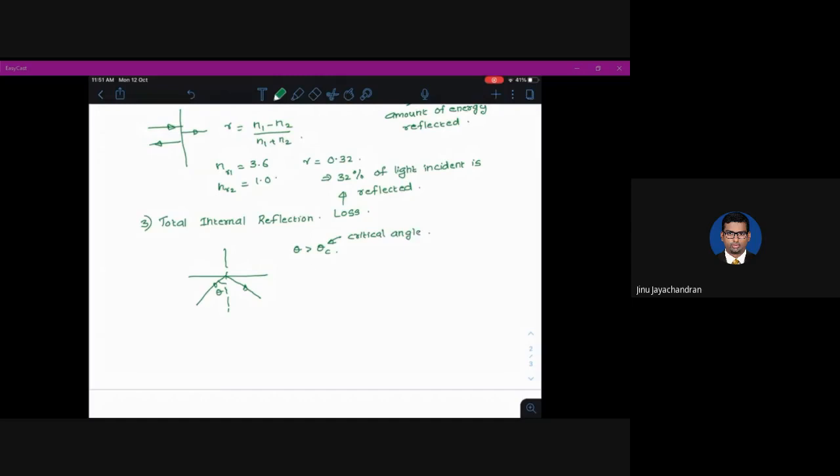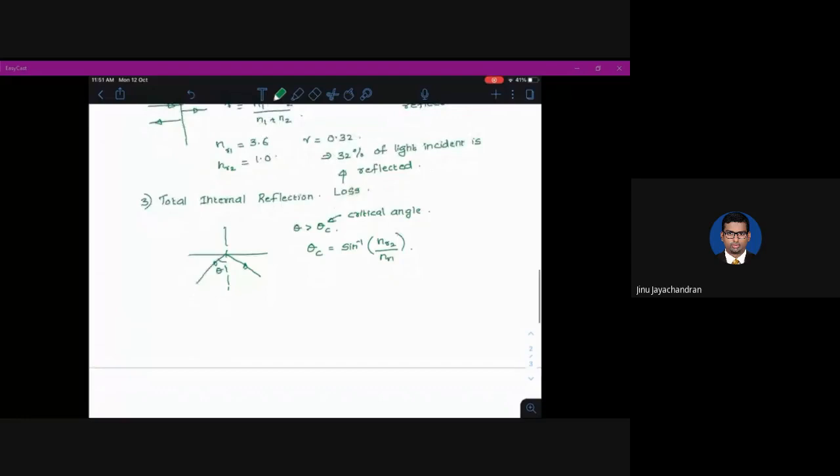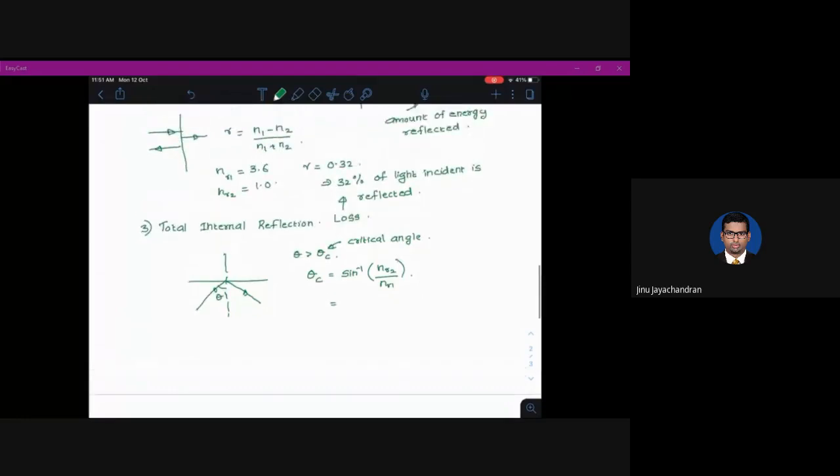Theta c is given as sine inverse NR2 by NR1. If you substitute the values, theta c is sine inverse 1.0 by 3.6, which is approximately 16 degrees.